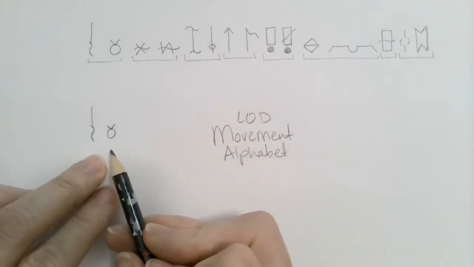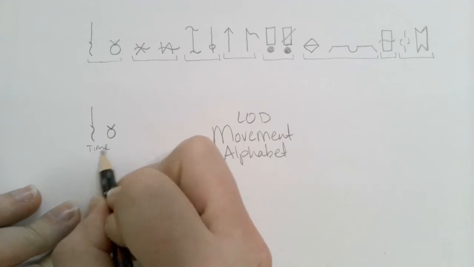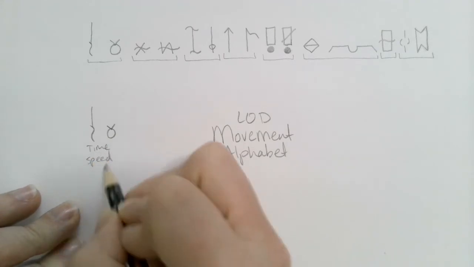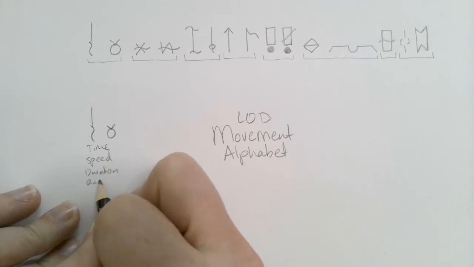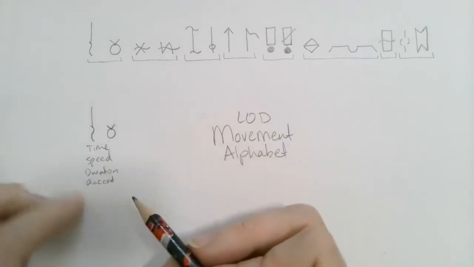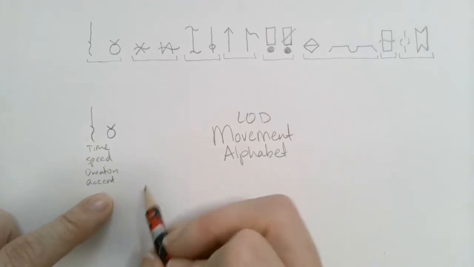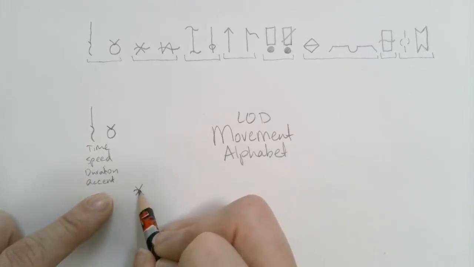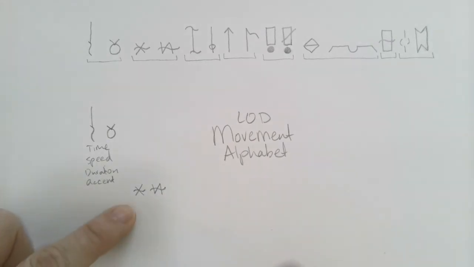So if I were to do action and stillness, my primary question is to move or not to move. One of the elements that I like to play with is the element of time: speed, duration, and accent. Flexion and extension, of course, go hand in hand together.